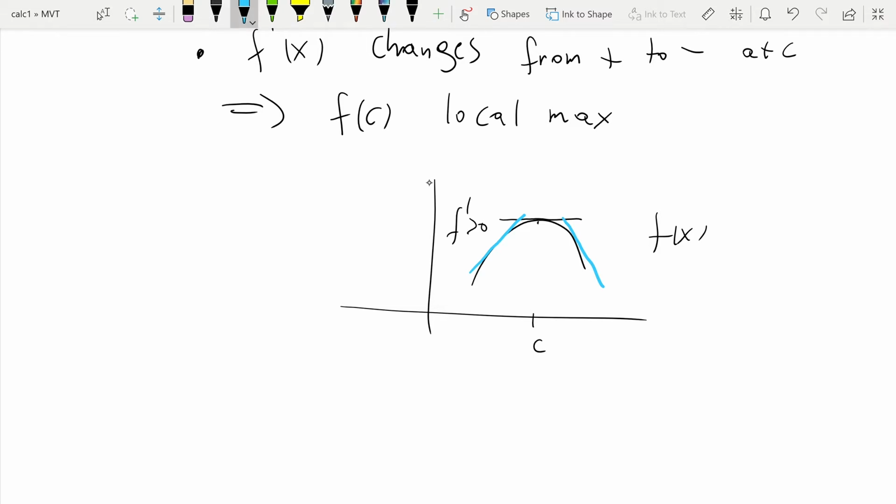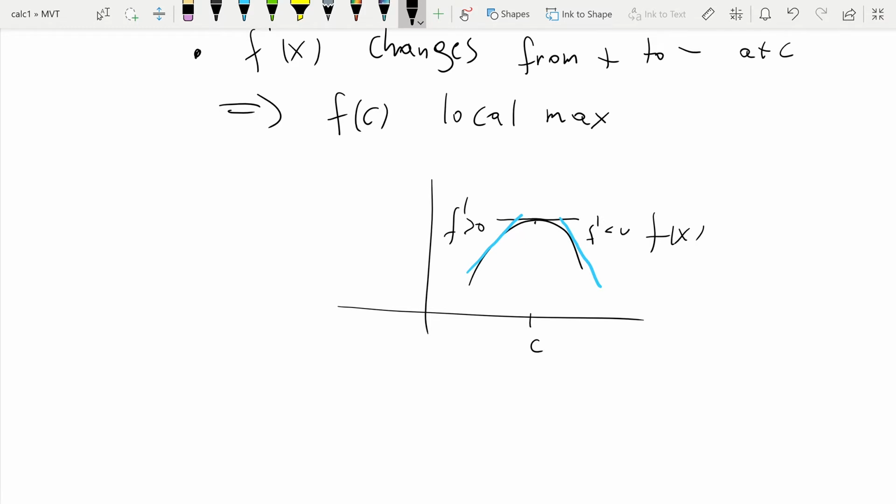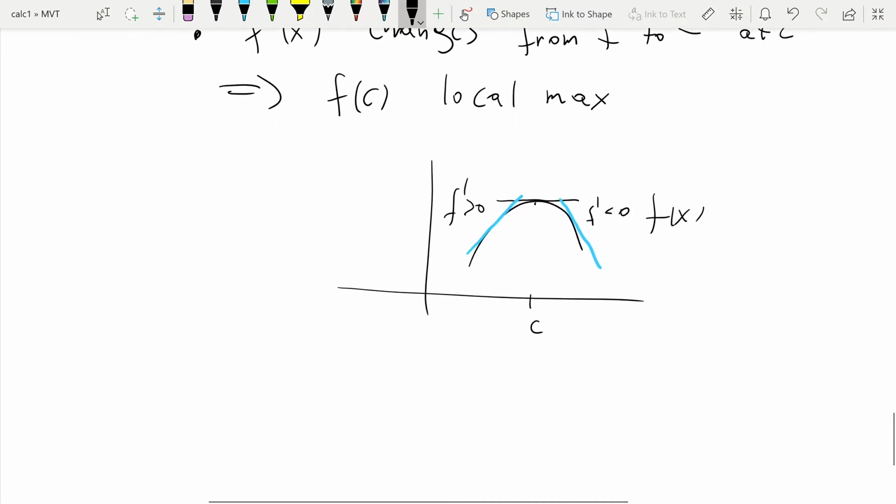So here f prime is negative on this side, and that's why we have a local max. Knowing the sign of f prime at both sides of a critical point allows you to say whether that corresponds to a local min or a local max.